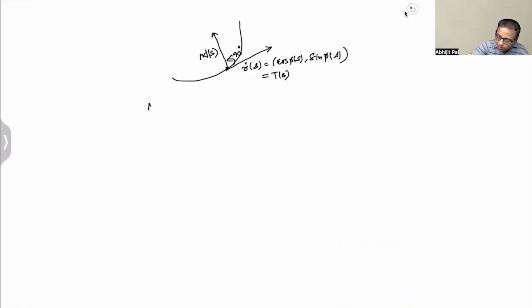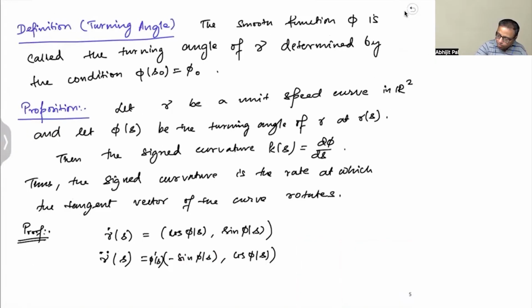So this normal vector is equal to minus sin phi s comma cos phi s.